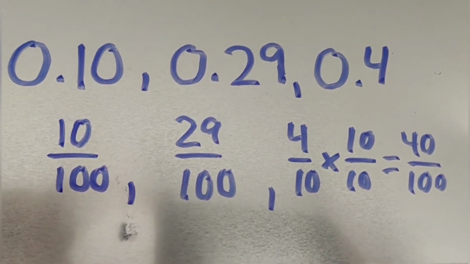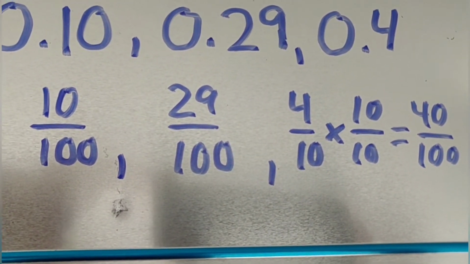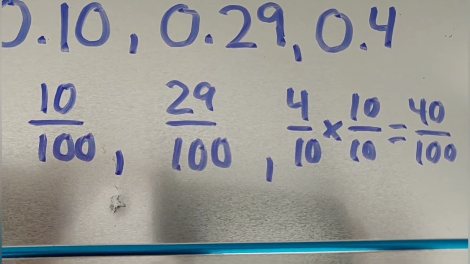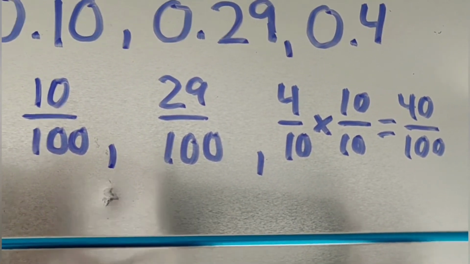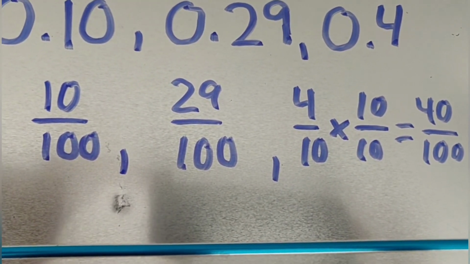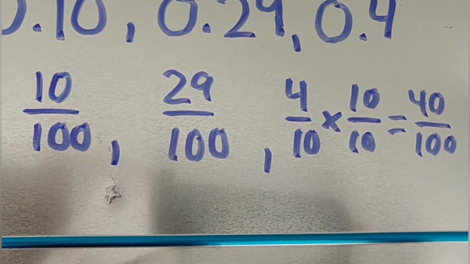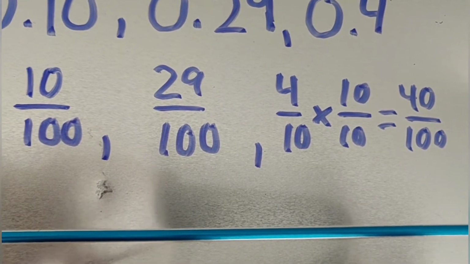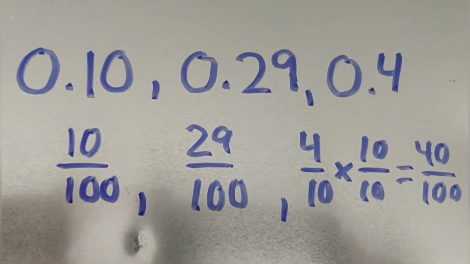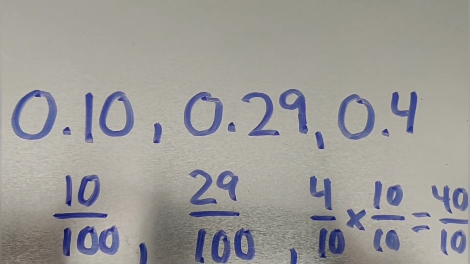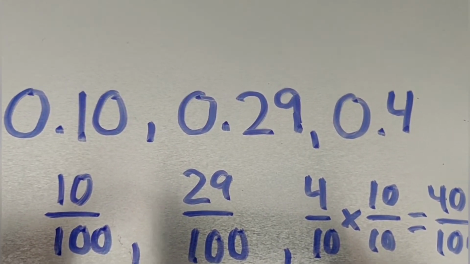So if we just look at the fractions, they all have a denominator of 100: 10 hundredths, 29 hundredths, and 40 hundredths. 10 hundredths is the least, 29 hundredths comes next, and 40 hundredths is the greatest. And so the decimal equivalents go in the same order.